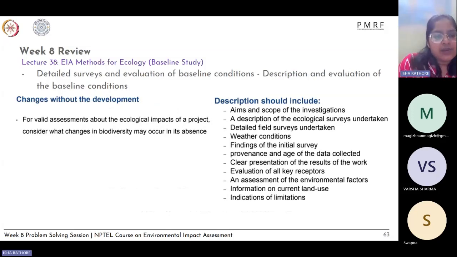Then changes without development include valid assessments about the ecological impacts of a project. Consider what changes in biodiversity may occur in its absence.